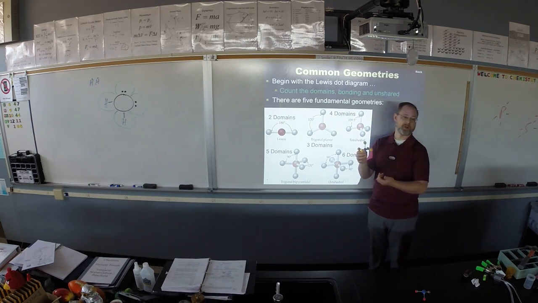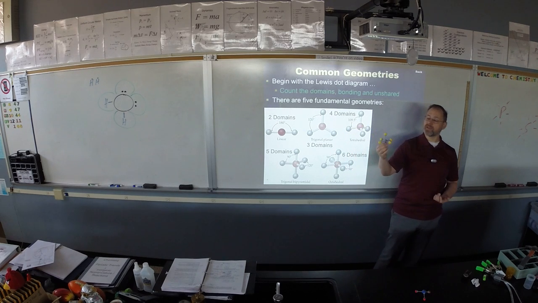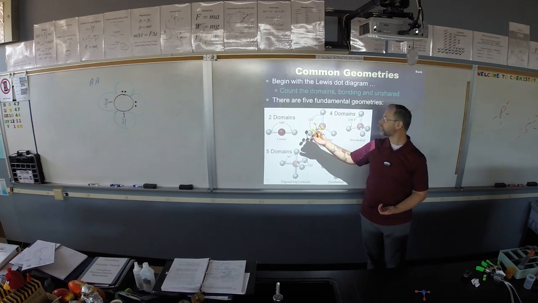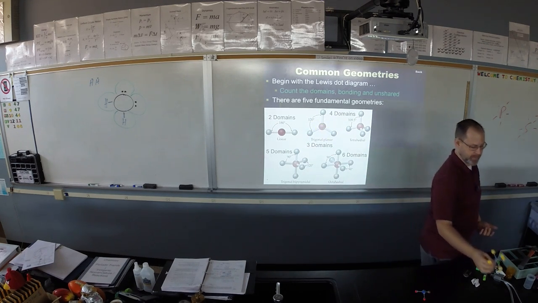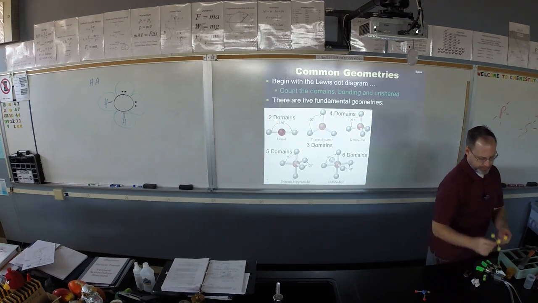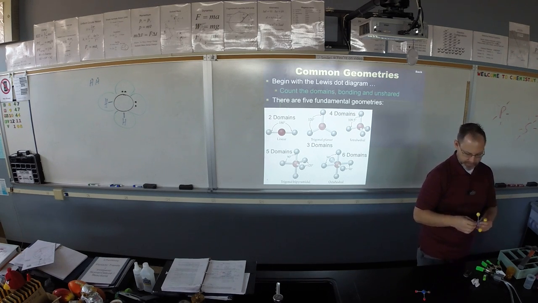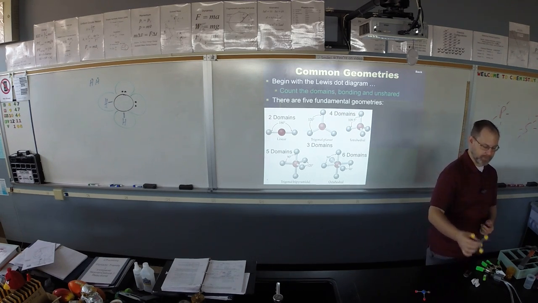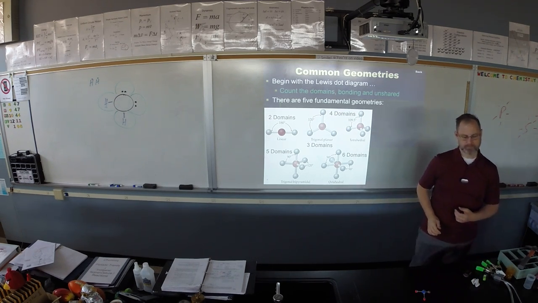Again, this is what it would look like if you had 6 domains all trying to get away from each other, but connected to the central atom. Octahedral. Okay, I'm going to leave these up here. The trigonal bipyramidal falls out a little bit sometimes because I made the hole too big. But yeah, there you go.